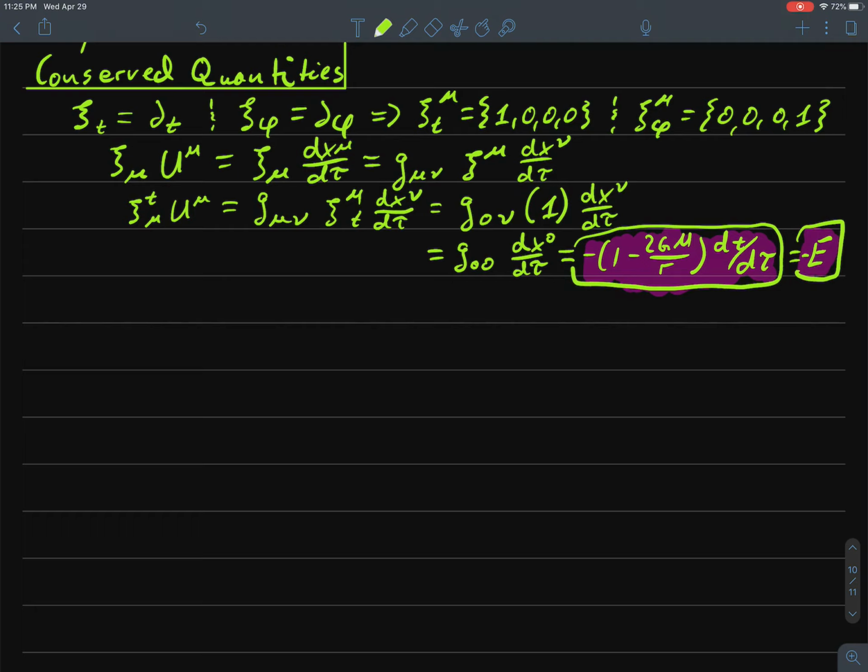Let's work out the angular momentum conserved quantity. So obviously, time translation invariance gives you energy. Angular translation invariance has to give you angular momentum. So let's look at angular momentum here.